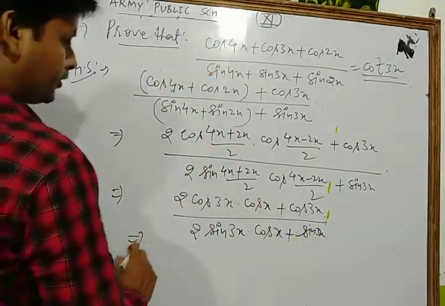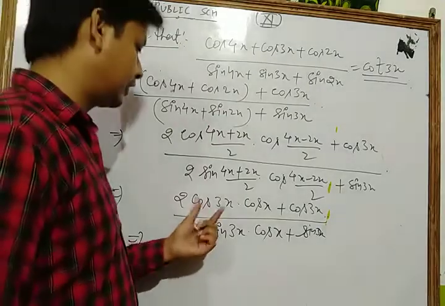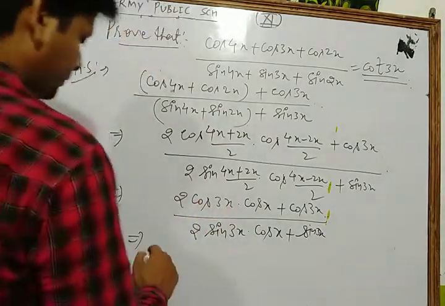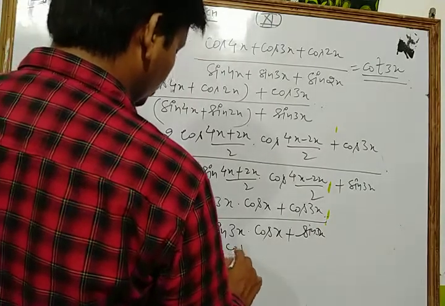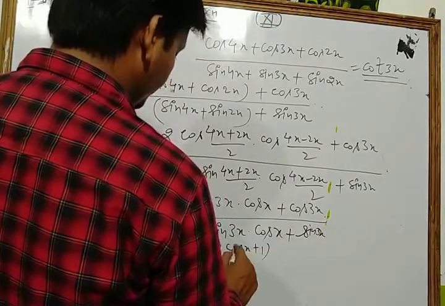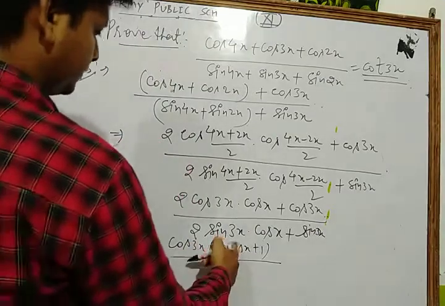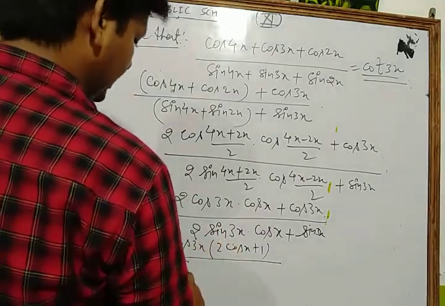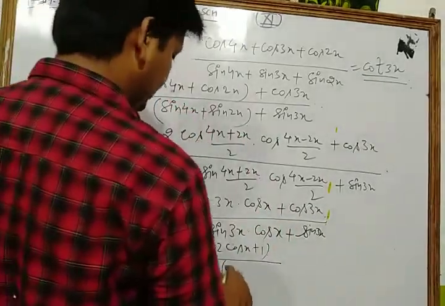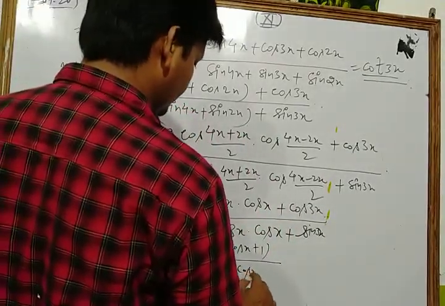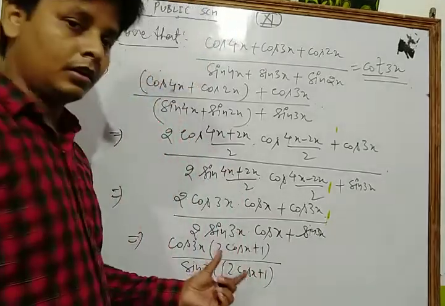Okay, now let's see. In the numerator what is common? Cos 3x is common. Then here 2 cos x plus 1 is left. Same as in the denominator, what is common? Sin 3x is common, then what do I get? 2 cos x plus 1. Okay, now let's see.